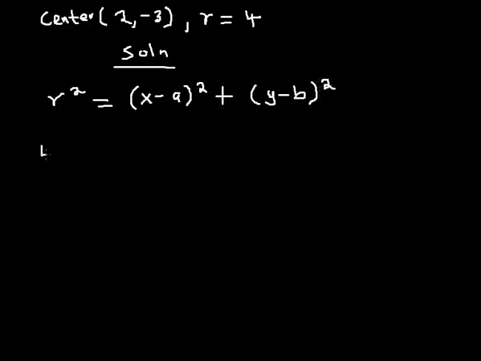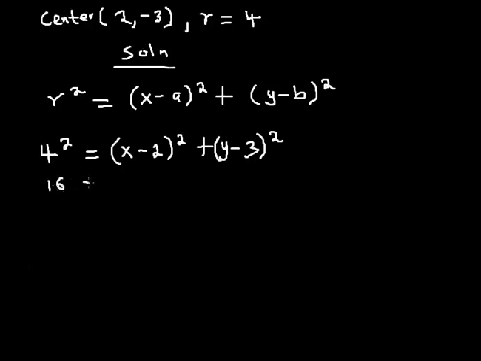So the radius is 4, so I'm having 4 squared is equal to bracket open x minus a, which is actually the x coordinate of the center, which is 2, then plus y minus b, where b is the y coordinate of the center of the circle. The y coordinate is 3, all squared.